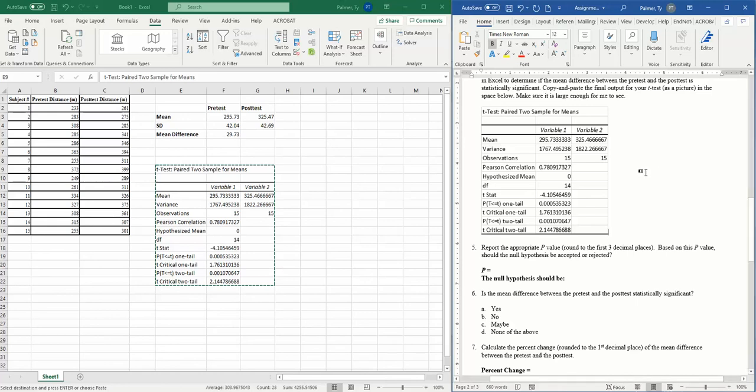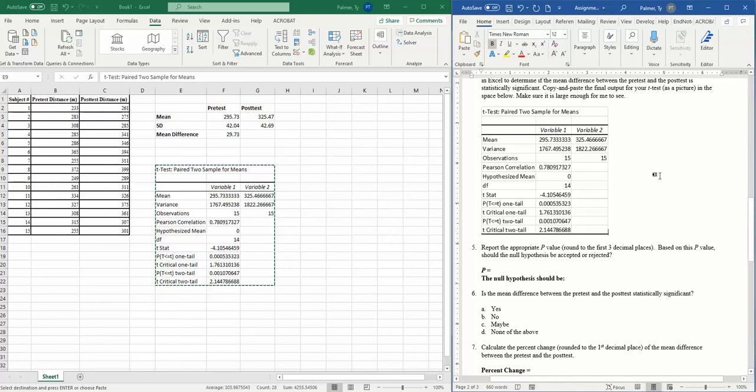When we test the same subjects twice, we should expect a correlation between those two. And if you remember back from a couple assignments ago, we looked at correlations, and specifically that Pearson correlation coefficient, the R value. That was the statistic we used to examine the relationship between two variables. And so we can calculate a Pearson correlation coefficient between the pretest and the post-test in this example.